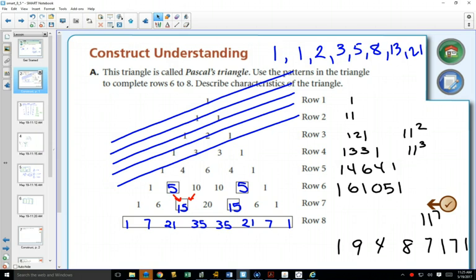So these are all fascinating things that come with Pascal's triangle. There's other things.